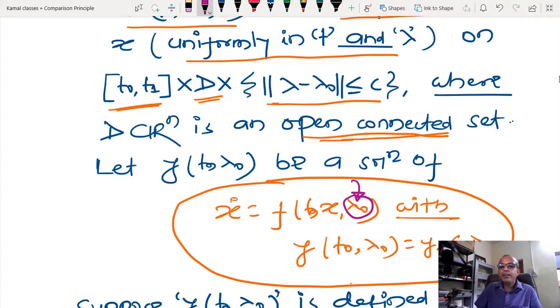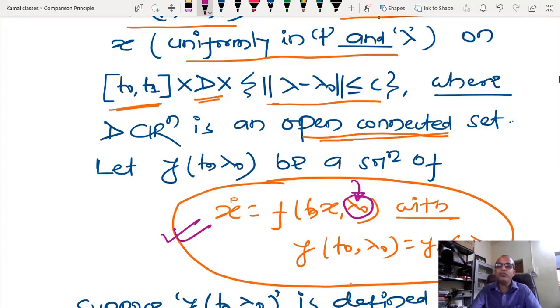Based on that parameter I find the solution, and the solution is unique because the vector field is continuous in t and x and locally Lipschitz in x. Due to that reason, at least locally, I have a unique solution.